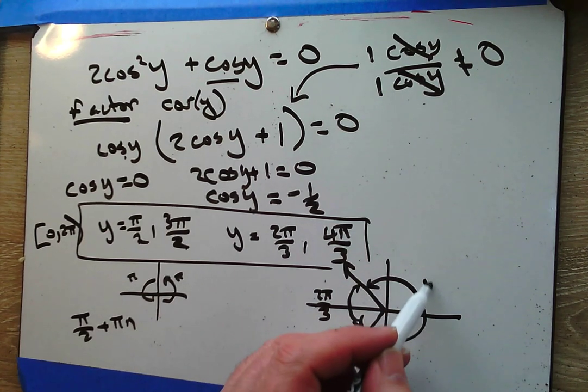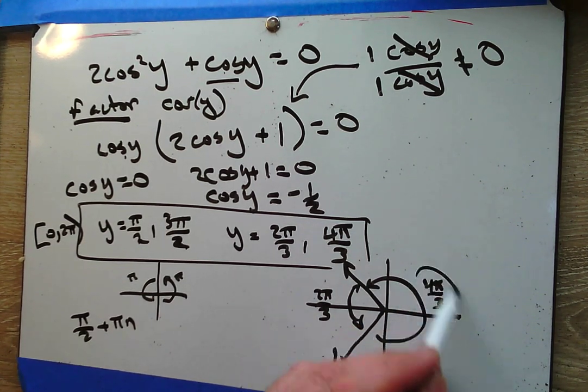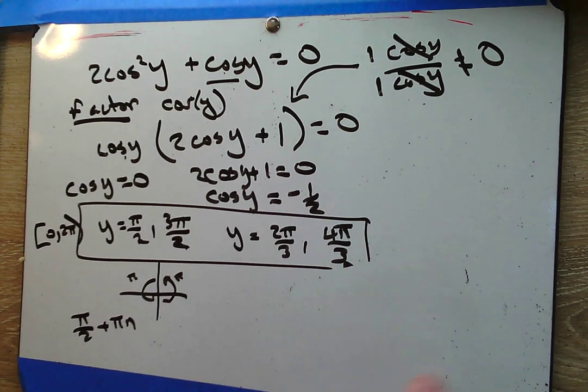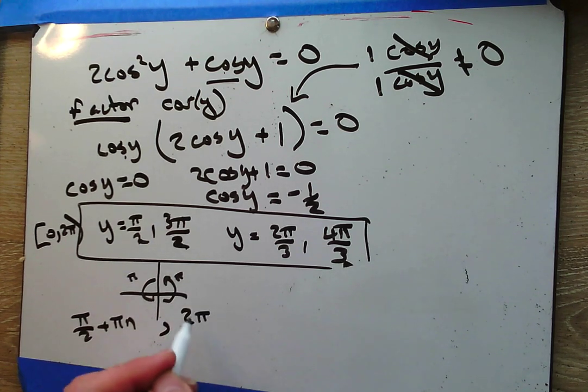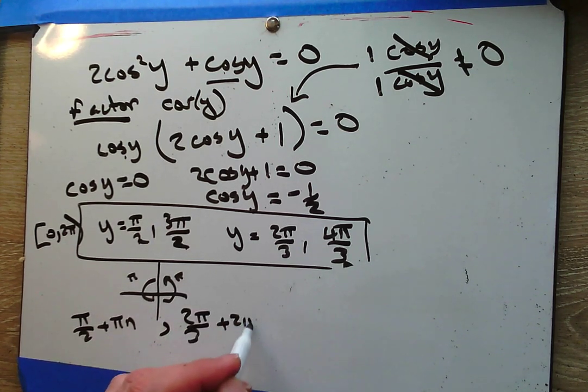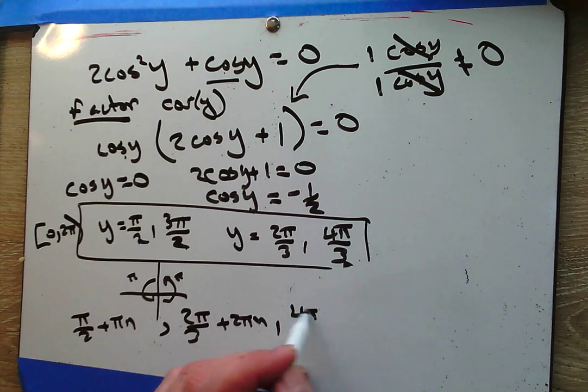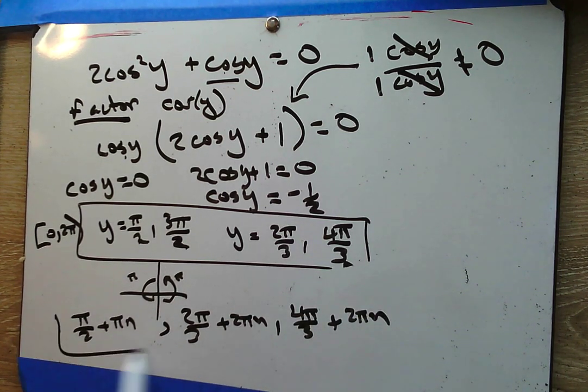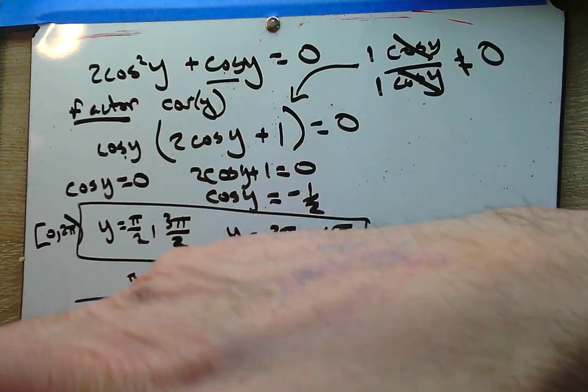This distance is 4 pi over 3. Since these distances aren't the same, I can't write a shortcut here. I have to write 2 pi over 3 plus 2 pi n and 4 pi over 3 plus 2 pi n. Okay? All right.